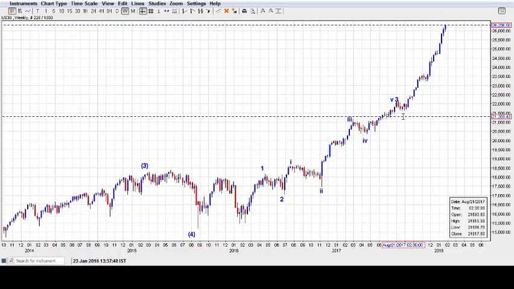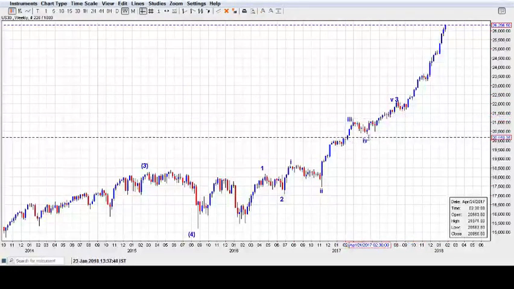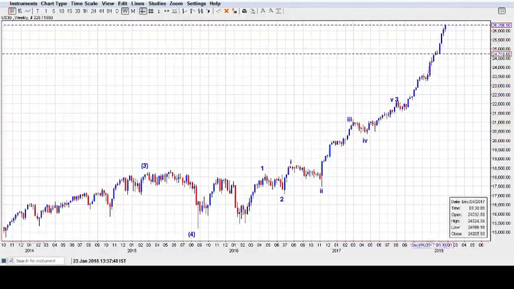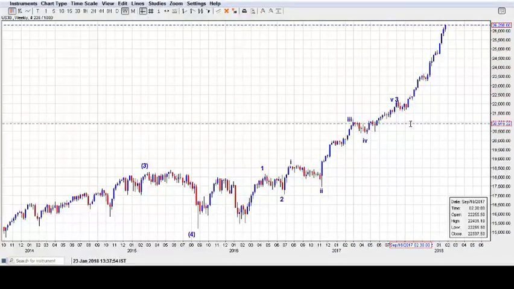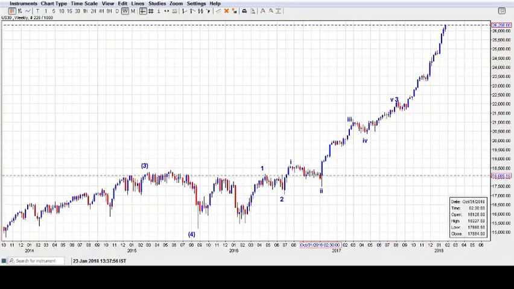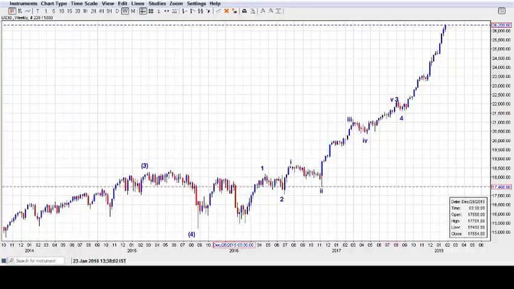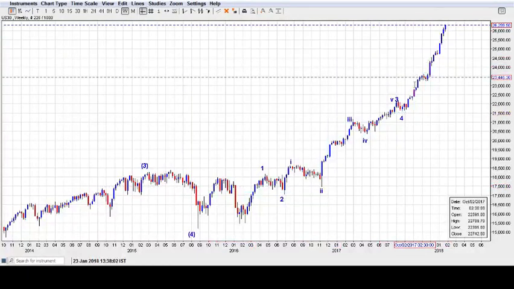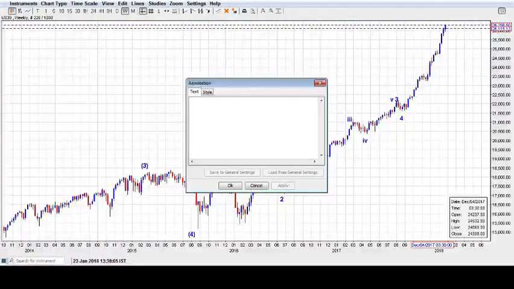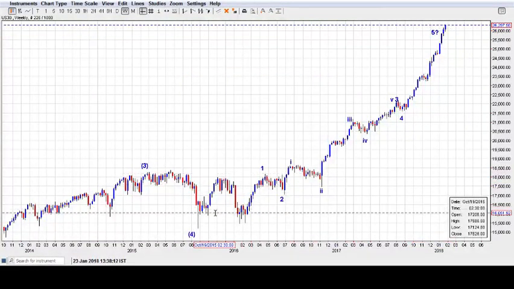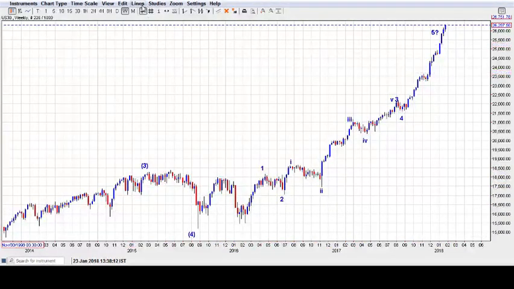Probably the third wave, very shallow wave four, or it could also be that the third wave is still extending itself, right? Four, and we are very close to the fifth wave probably terminating right now.